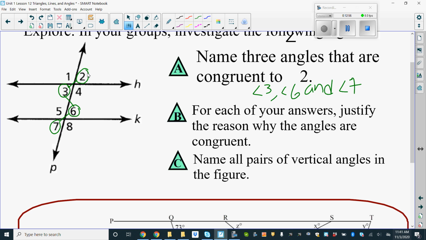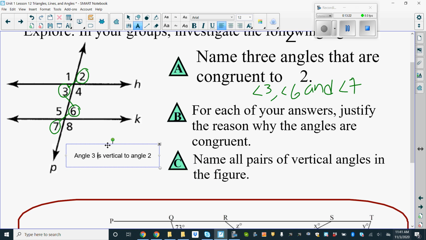The relationship between angle 2 and angle 3 is, I'm going to write in a text box, angle 3 is vertical to angle 2 because they are across from each other directly and meet at the vertex. The word vertex has the same beginning as vertical.